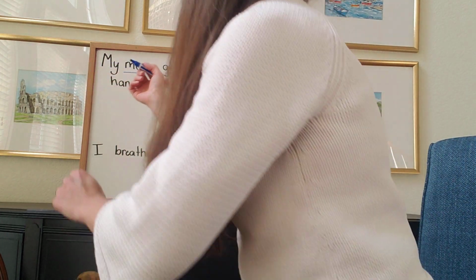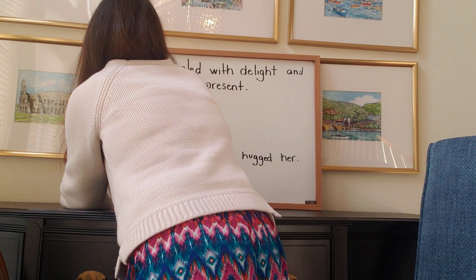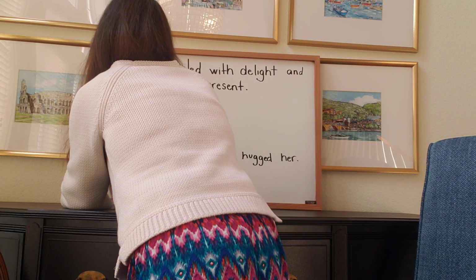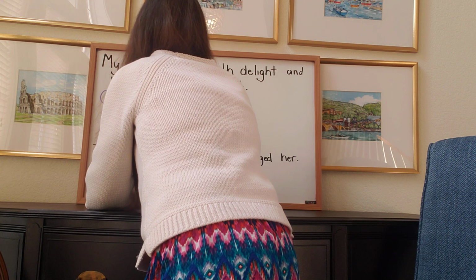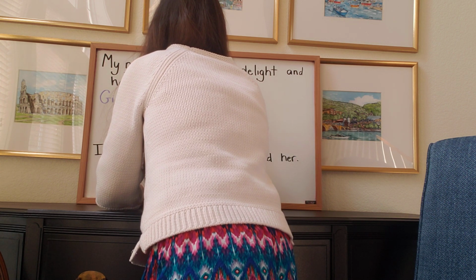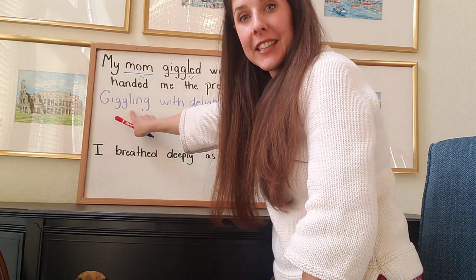So I'm going to start with my verb, and I know it's hard to see me. I'm writing giggling with delight. First, notice that I started with the verb giggling.